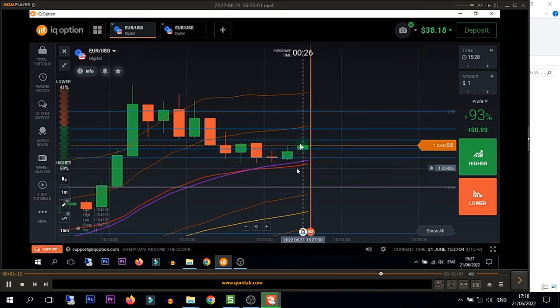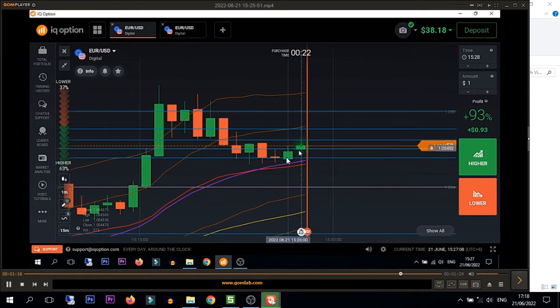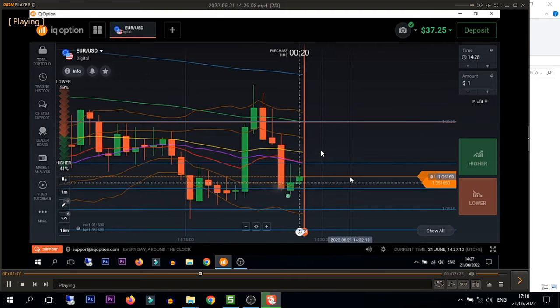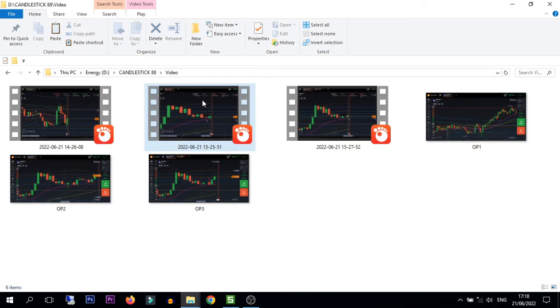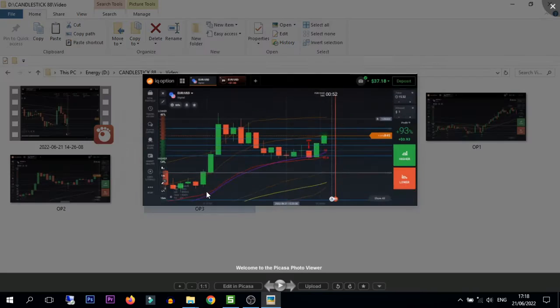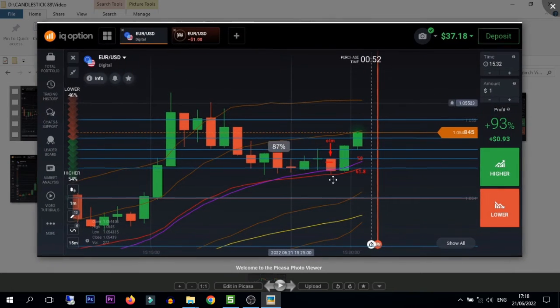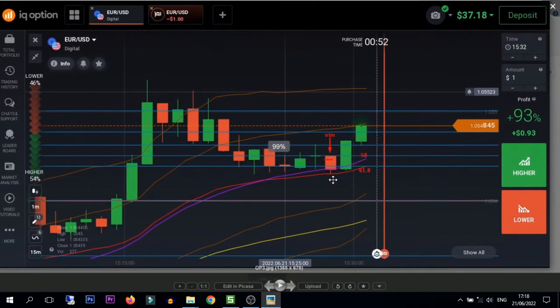Okay, so the next I did not enter because this is not like a doji bullish, it's like a normal bullish candle, so this is not going to go up because this is the level of 50. Okay, that is number 2, and number 3 was lost after that candle. Okay, I got lost here.